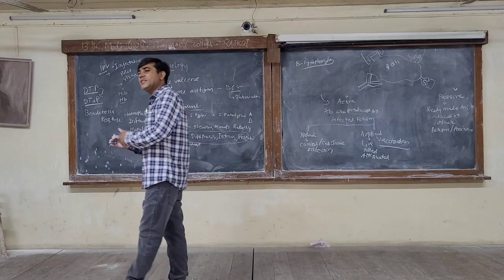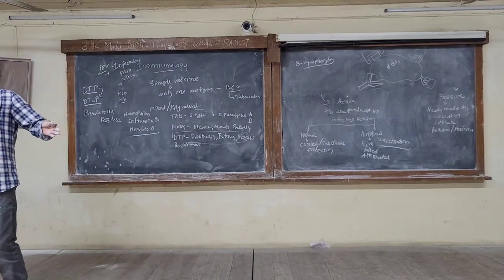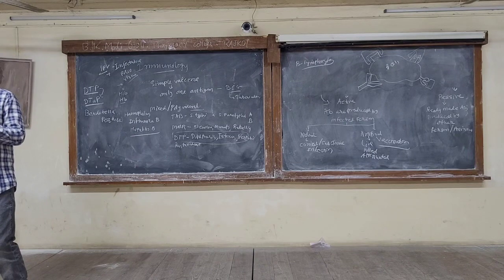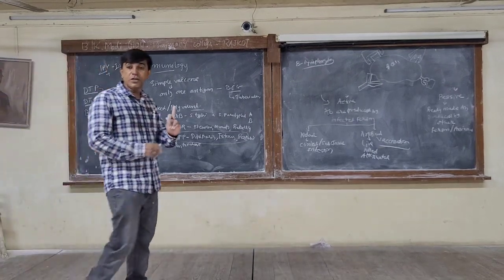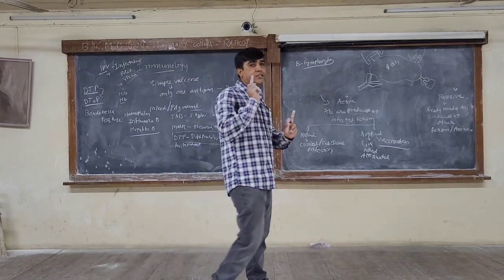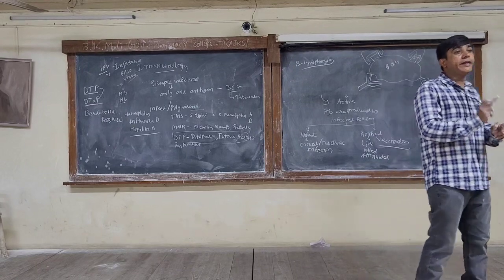The reason is the vaccines are painful to the kids, but at the same time they protect the kids as well. And actually vaccination is the only means through which we can totally eradicate a disease. Mind you, it's the only tool through which we can totally eradicate a disease.